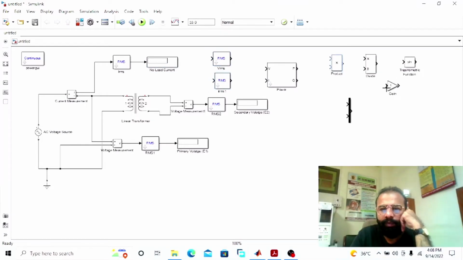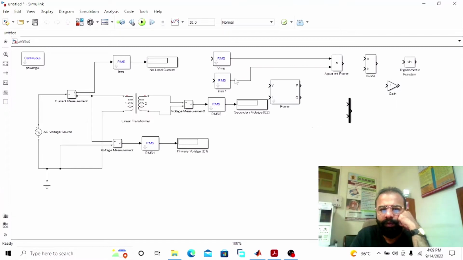Here this product block will give us the apparent power, which is the VI. Give this input to the apparent power, and this is the VRMS. So connect this VRMS to the voltage block and connect this IRMS with the current block.